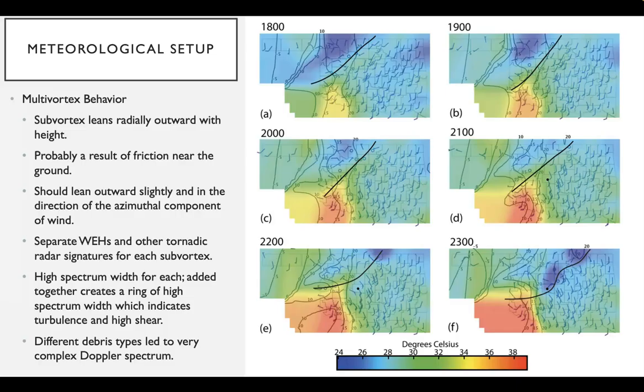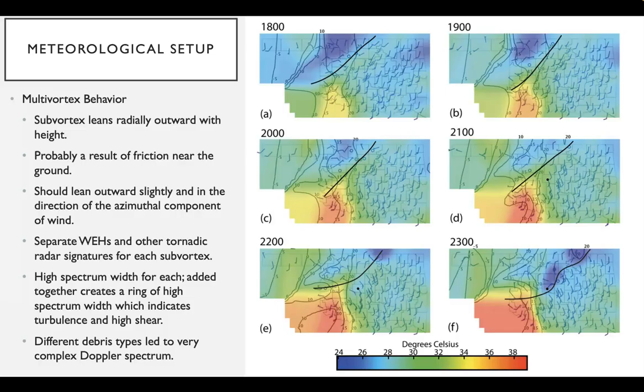And then the other thing you need to know is that there seems to be a variety of spectrum widths for each. Added together creates a ring of high spectrum width, which indicates turbulence and high shear. So there's a lot of turbulence and high shear within these subvortices.